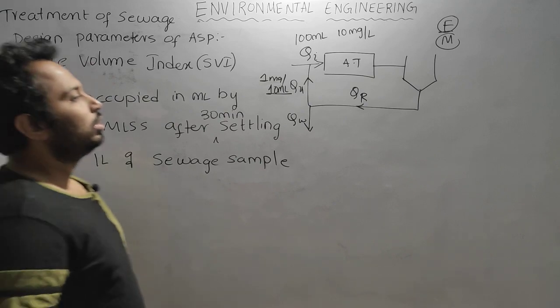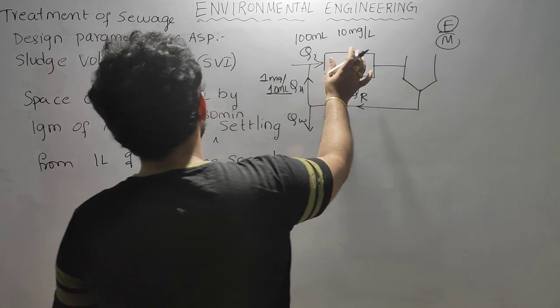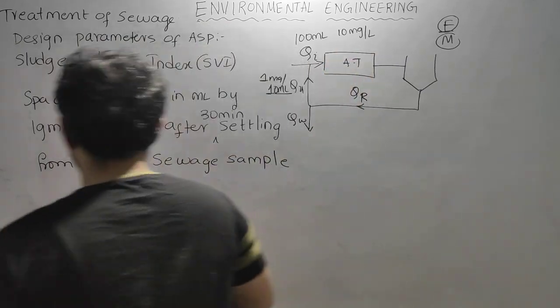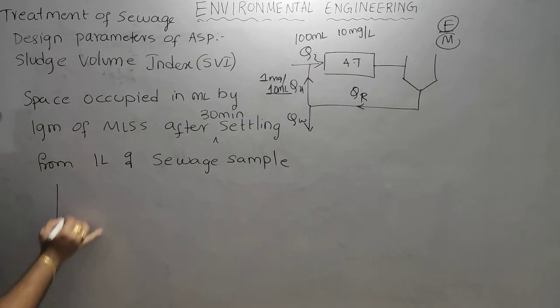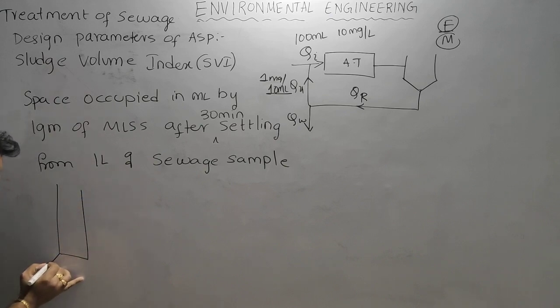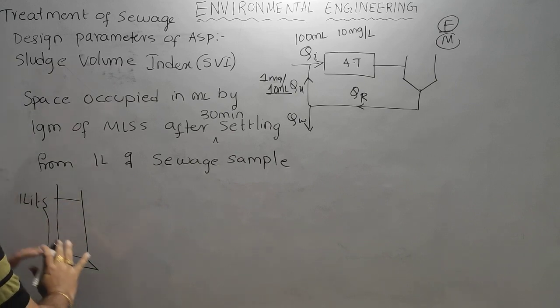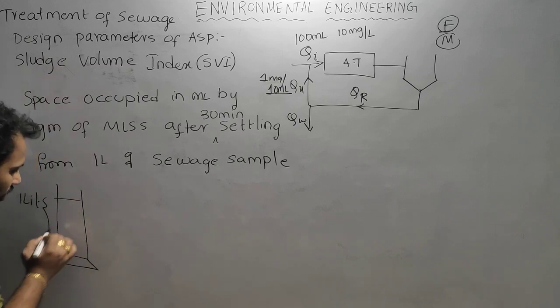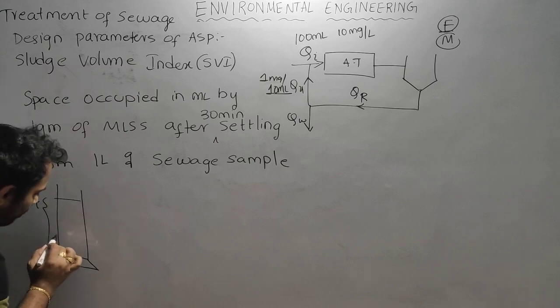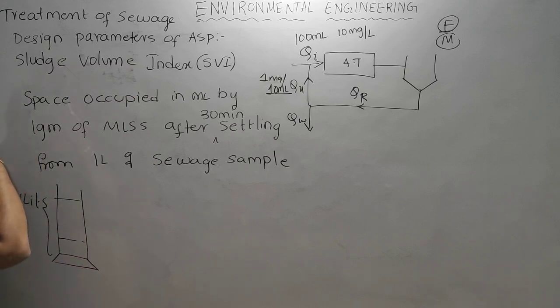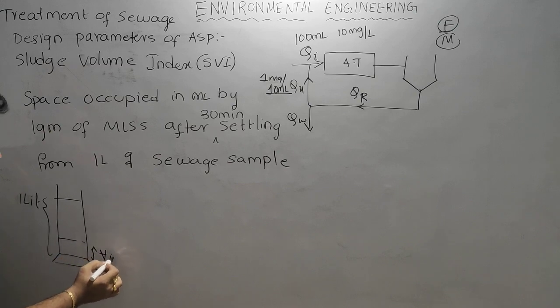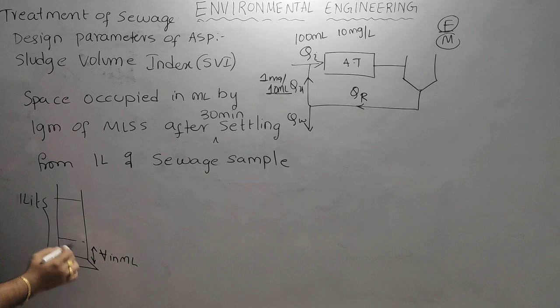Now what we do is take 1 liter of sewage sample from this aeration tank and put it into this cylinder. We leave it undisturbed for 30 minutes. After 30 minutes, whatever MLSS is present here will settle down like this. This is the volume in ml, and we can take the weight of this.